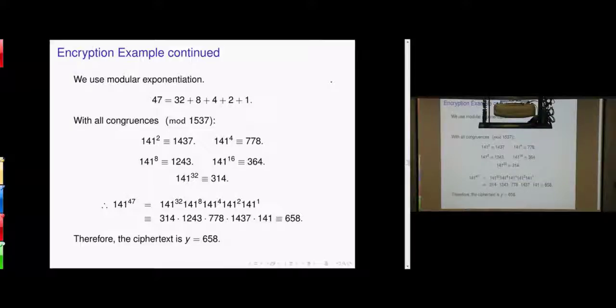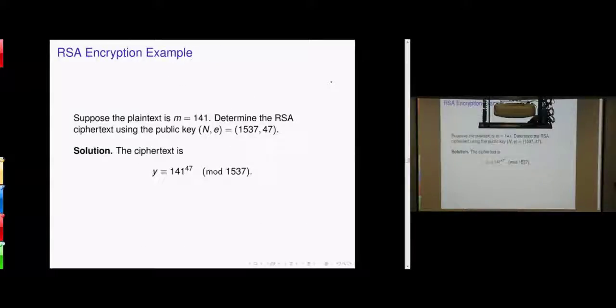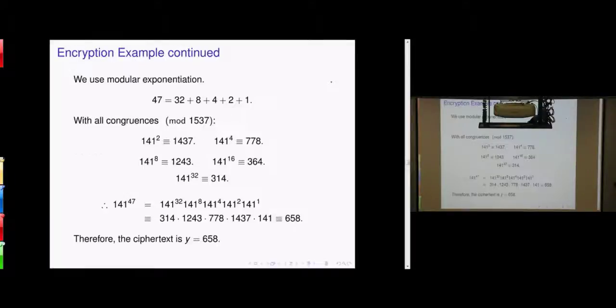Then you have to use the thing you learned in the previous lecture. You have to do the modulo exponentiation. The trick is, you write the exponent as a sum of powers of 2.